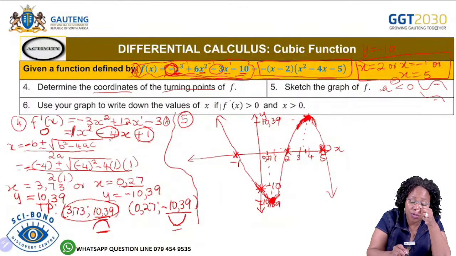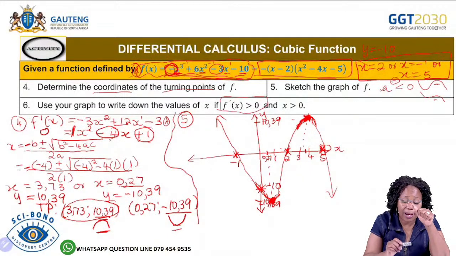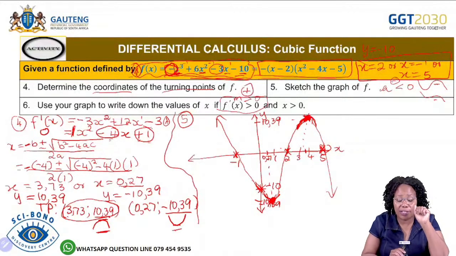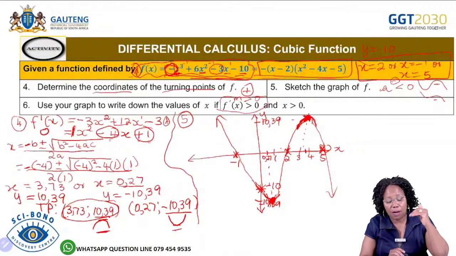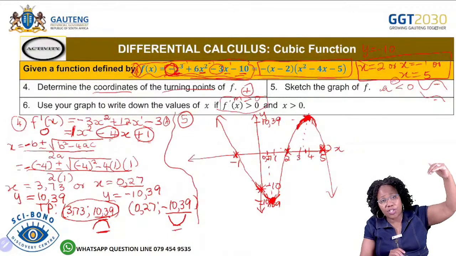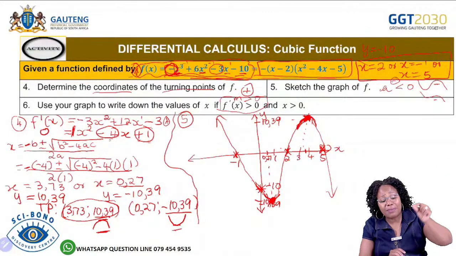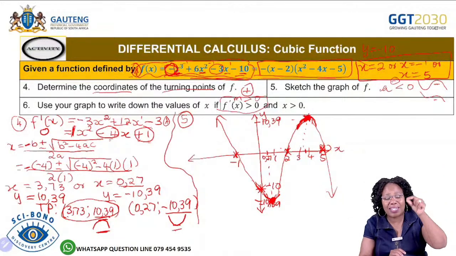This statement is telling you to go to the graph, and at f derivative, remember a derivative is a gradient. So they say look at the gradient of this graph where the gradient is greater than 0, meaning where the graph has a positive gradient. Remember, when the graph is decreasing, check from left to right. If you look at the diagram going down, that means it is a negative gradient.